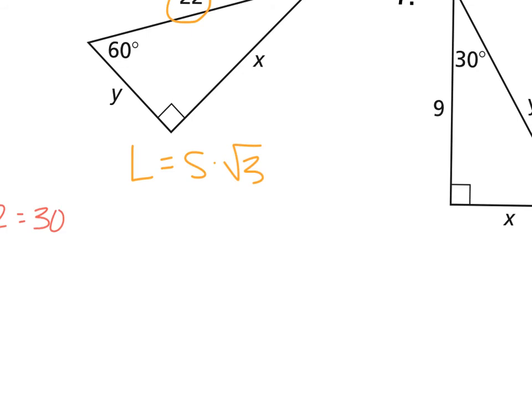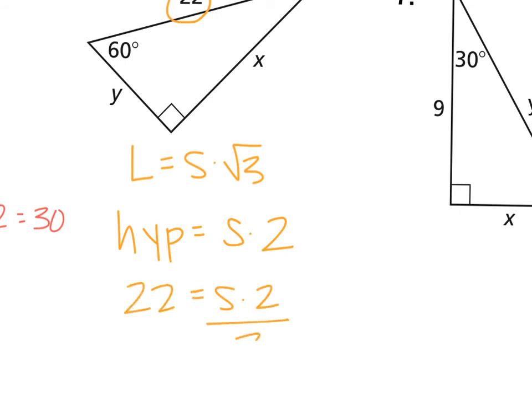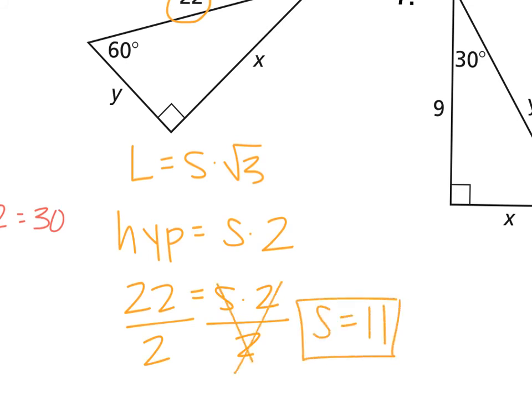So the hypotenuse is equal to the short side times 2. So 22 would be equal to the short side times 2, and that's what you guys were saying, just divide by 2. So the S would be equal to 11, right? Sorry, I looked at the wrong formula. Okay, so S is equal to 11.